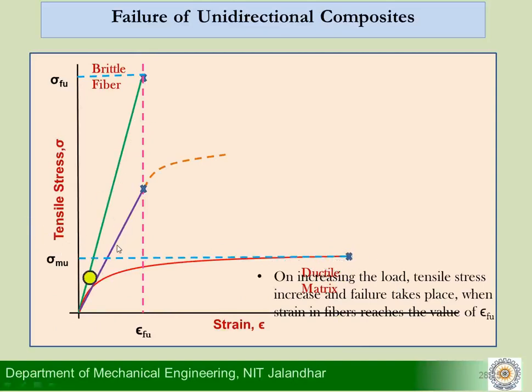So once you start loading the composite material, it will follow this purple line, initially a straight line, but once the strain in the composite goes beyond epsilon fu, the maximum strain that can be withstood by the fibers, the fibers will break. And what happens because of that, that's what we will see here.